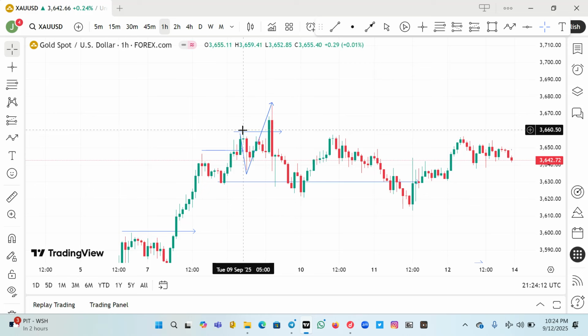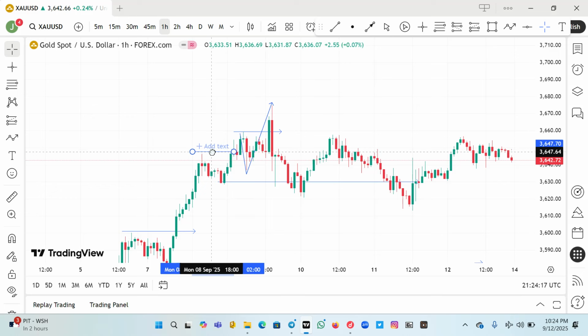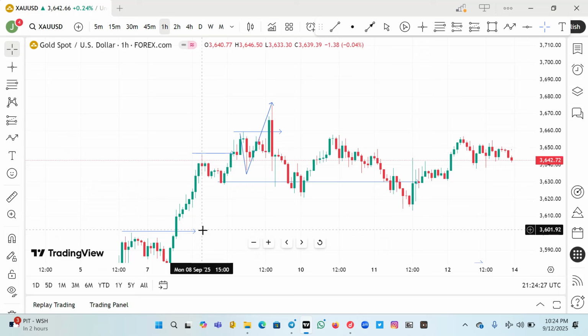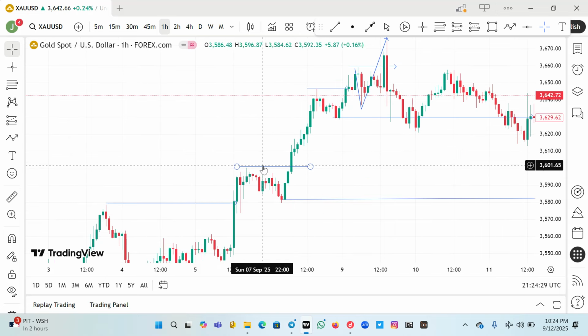So this is a break of structure. Now in this case here, we also have a break of structure here. Now this is a previous high point. The body of a candle broke past it, the previous high point. Same with this one here.